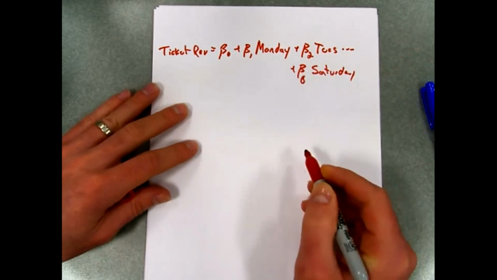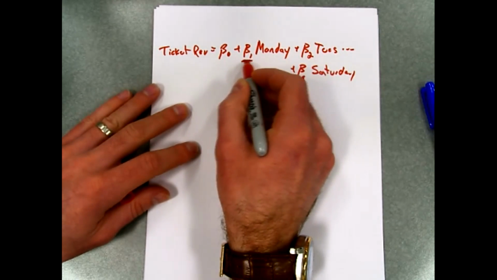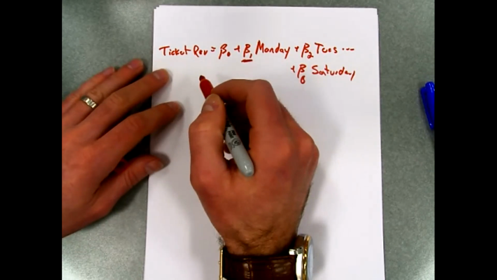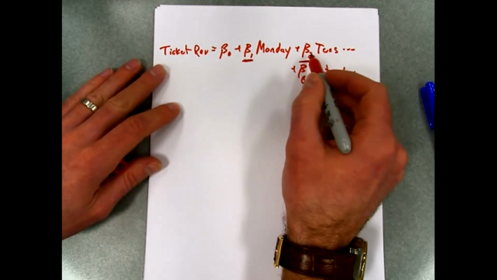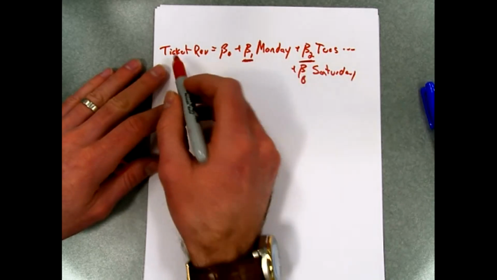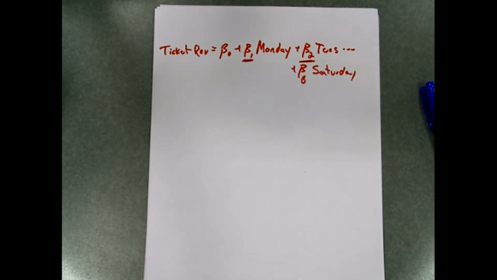Relative to a Sunday game, for a Monday game we would expect beta 1 higher ticket revenue. Relative to a Sunday game, we would expect beta 2, whatever that coefficient is, higher ticket revenue on a Tuesday, and so on and so forth. So this is the idea of fixed effects.